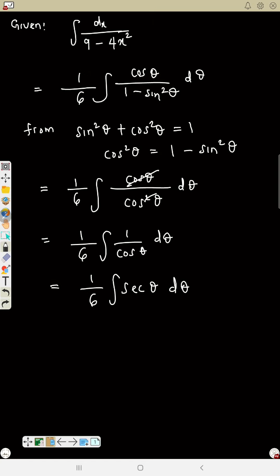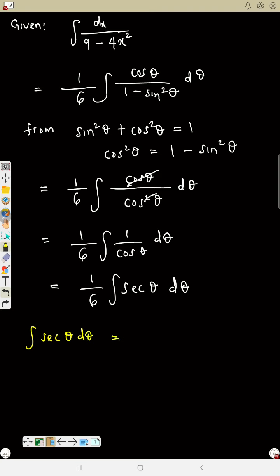Now what is the integral of sec theta? You can know it and write it straight, you are free, but let me show how we can integrate sec theta d theta.